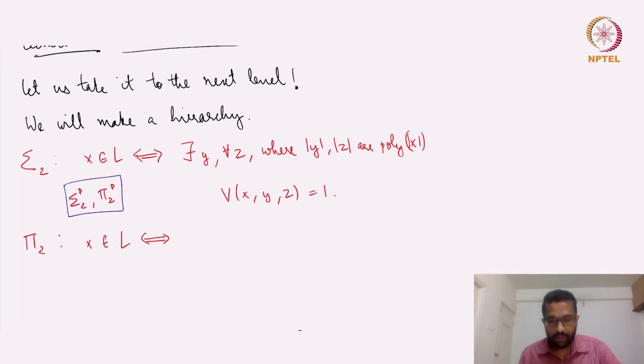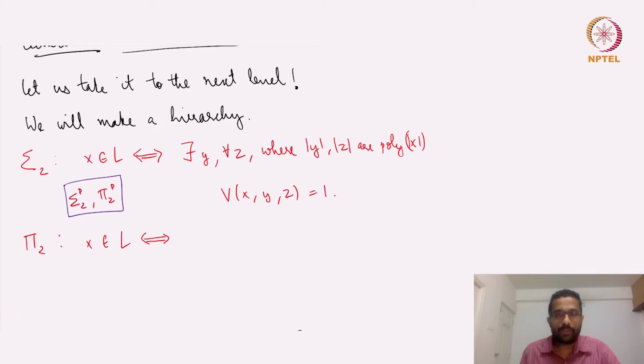Sigma 2 is the class of all languages such that x is in the language L if there is a string y such that for all z a verifier will accept x, y and z. This may seem a bit confusing now, but hopefully with some examples we'll clear this up. And pi 2 is the opposite.